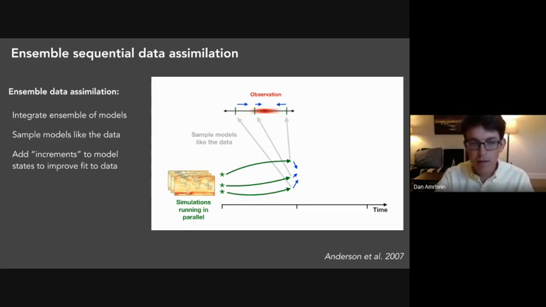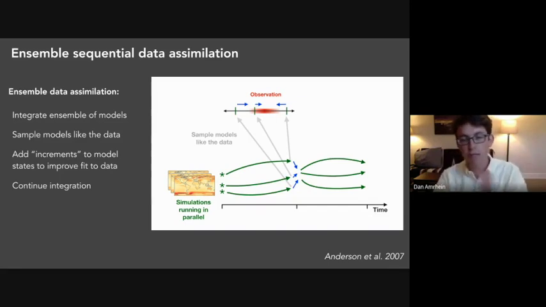Having added these increments, you have a new set of initial conditions, and you can continue your integration. Integrated over some period of time, what you end up with is a reanalysis, or a trajectory of an ensemble of model states that reflects the model physics and also these adjustments that you get from fitting observations.